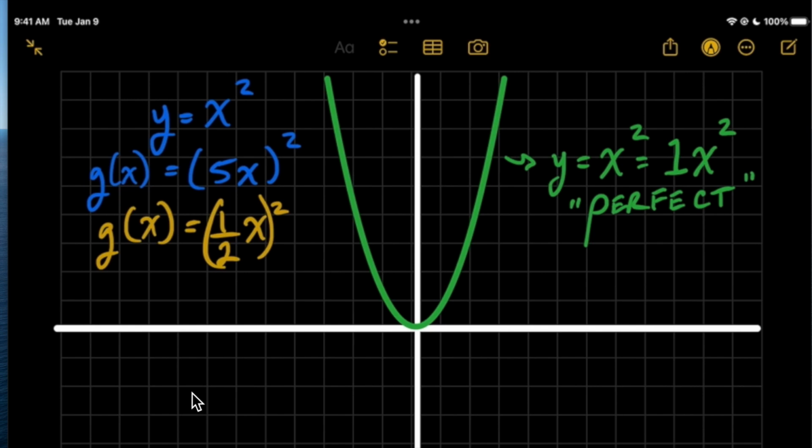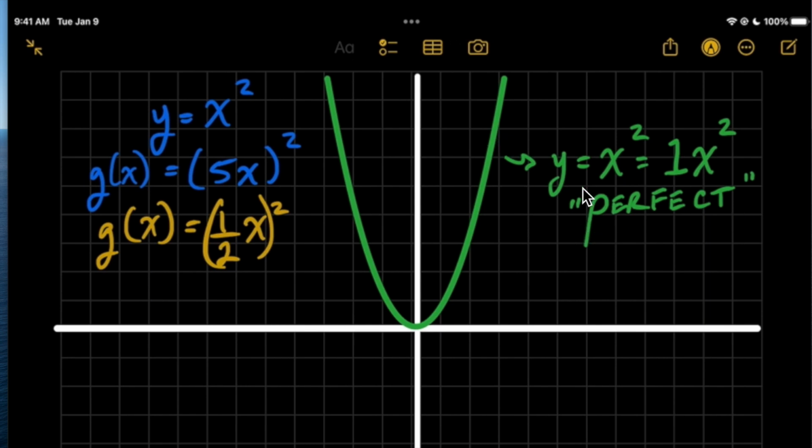Okay, next I'd like to talk about how I like to analyze transformations. We're going to be talking about the parent function y equals x squared. Recall that this is a so-called quadratic function and it's a parabola. And because there's a positive sign out front, it's going to be right side up. I like to call this parent function perfect parabola.